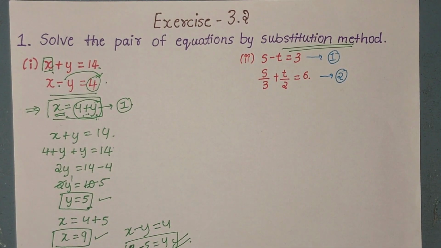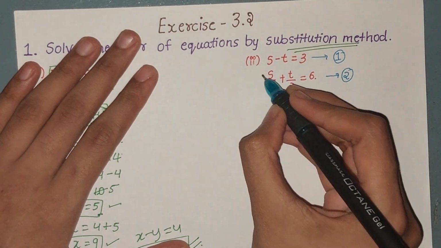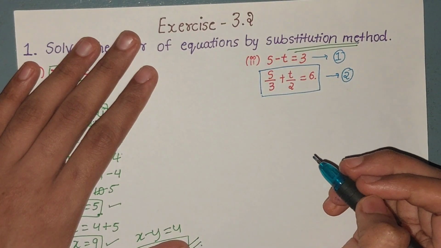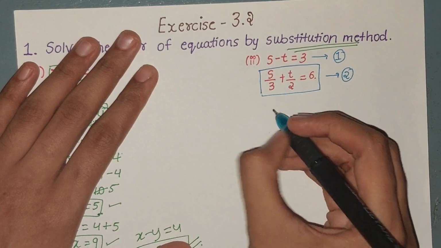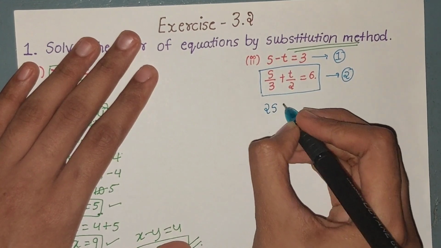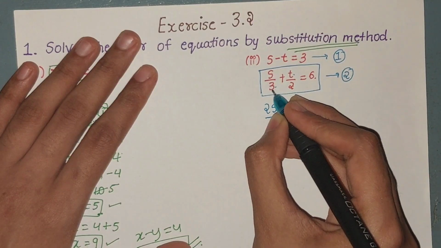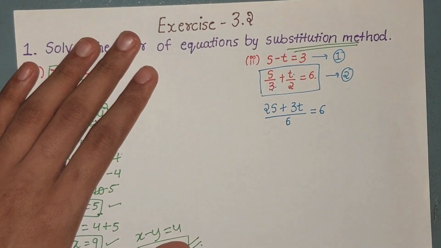The first impression. Now see, first I have to simplify it. How will you simplify? Take LCM. So 2 into s, 2s plus 3 into t, 3t upon 6 is equal to this 6 here.